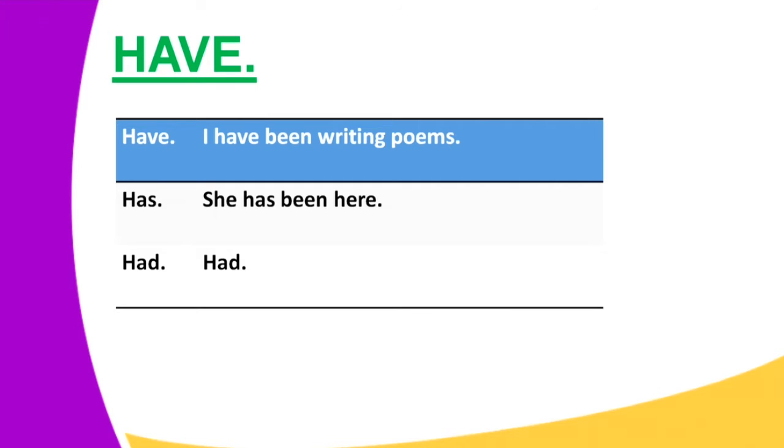Has: she has been here. Had: if we had that sentence, it would be maybe they had come late, or any other sentence that could be formed by the auxiliary verb had. Of course, these should be in the past tense.